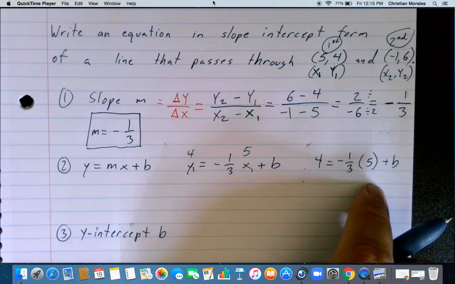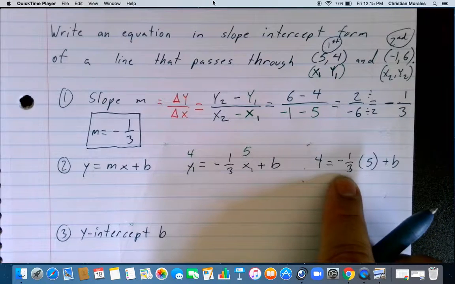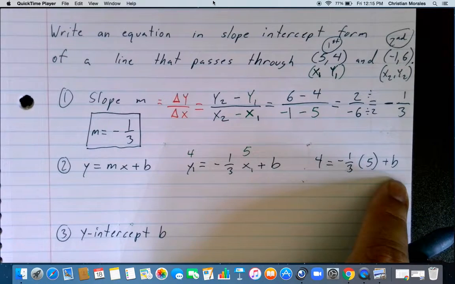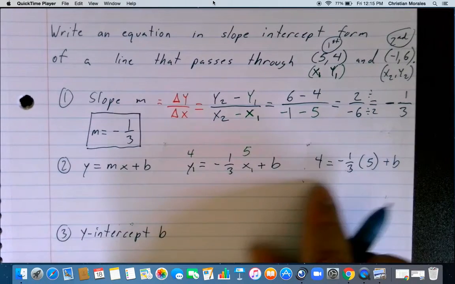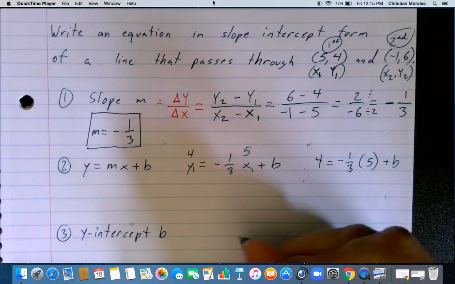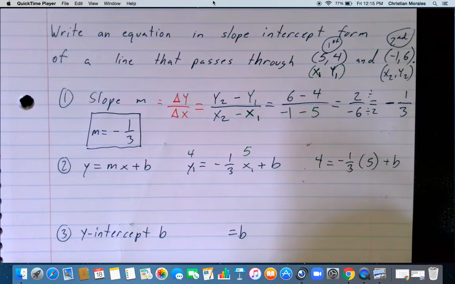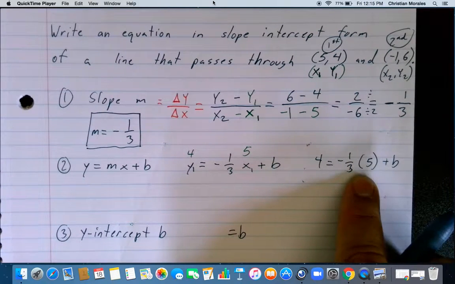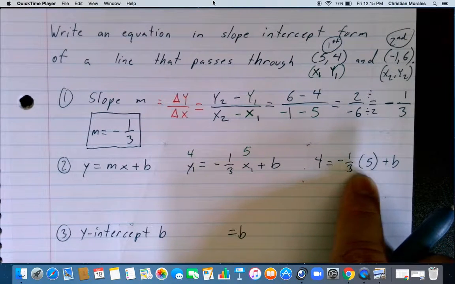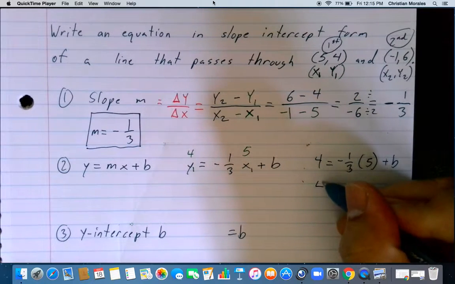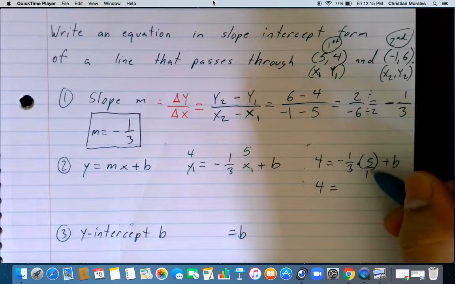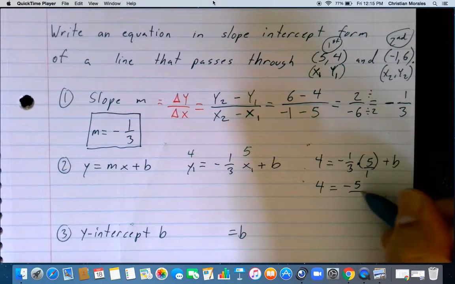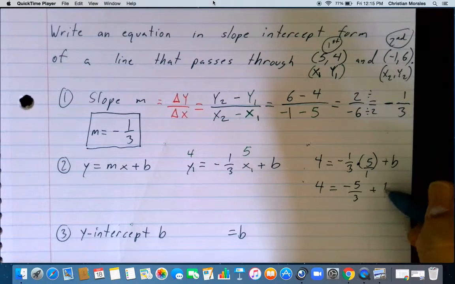Okay, so we have to solve for b now. So that's where we get to this step. To solve for b, guys, b needs to be by itself, which means we gotta cancel this part out. Now first, we should probably multiply this. So I get 4, if I multiply that, put it over 1, I get negative 5/3 plus b.